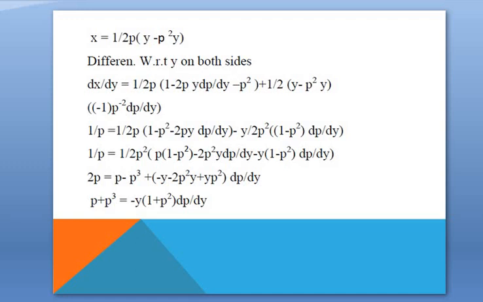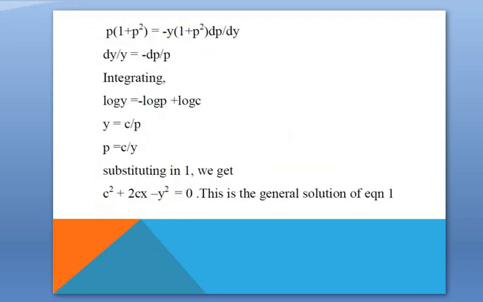Now I am separating the p term to one side and dp/dy to the other side. Therefore we have p plus p cube is equal to minus y into (1 plus p squared) dp/dy. Since 1 plus p squared is common, by cancelling we get dy/y is equal to minus dp/p.